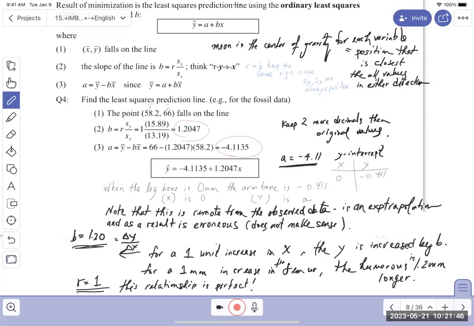And perfectly positive. So if I decrease the femur by 1, the humerus decreases by 1.2. So it's perfect, it's a reliable relationship. I can bet on the next fossil that I found, it will have a 1.2 proportion between the leg and the arm bone, if it's from that species.